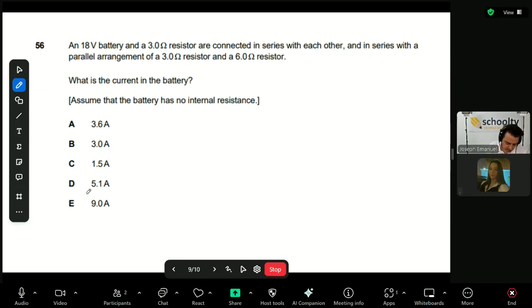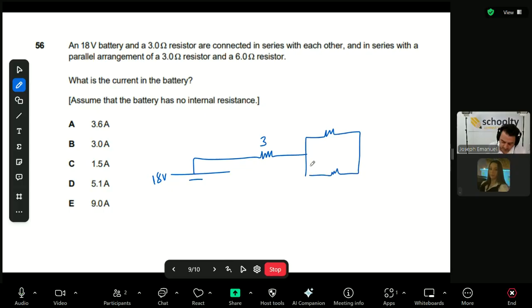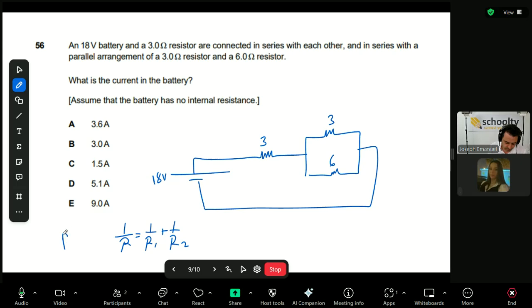Okay, let's do it. So we have 18 volt in series with 3 and what also in series? With a parallel arrangement. Nice. 3 and 6. Okay, so 3 and 6 parallel arrangement. What we have here, 1 divided by R equals 1 over R1 plus 1 over R2. This is a parallel, correct?